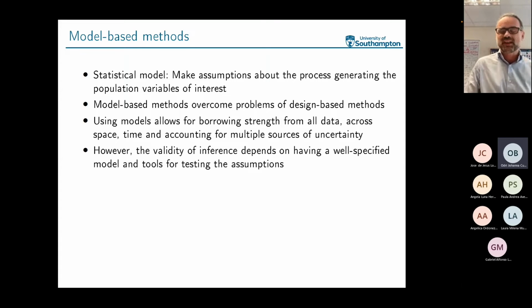But at the same time, the price you pay here is that you have to make assumptions that in many cases might be unverifiable, right? So you have to try and test whether these assumptions hold, and also have a lot of diagnostic tools to see how good the estimates coming out of a model are, how good the model-based estimates are.